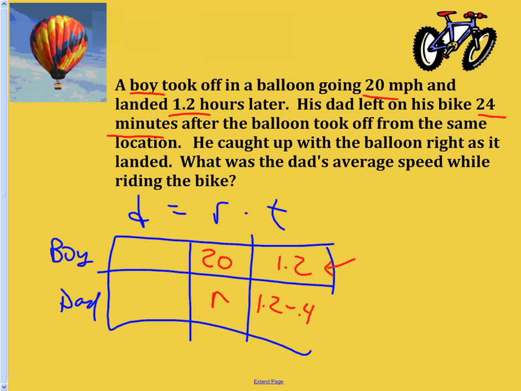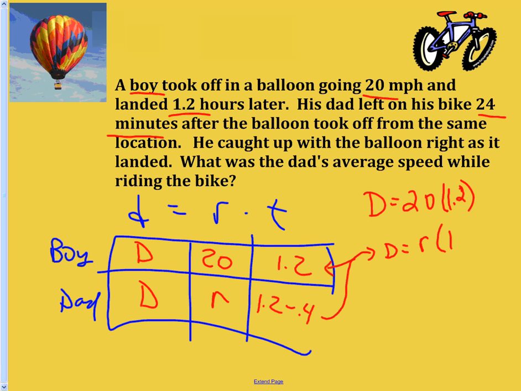And I don't know the distance that they went, but I can say that the distances are the same, so I call them both D. Remember that? Then I've got a system of equations. D equals 20 times 1.2. And the other equation right here is D equals R times 1.2 minus 0.4.